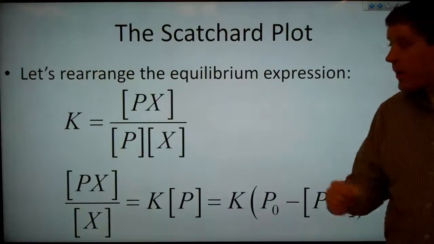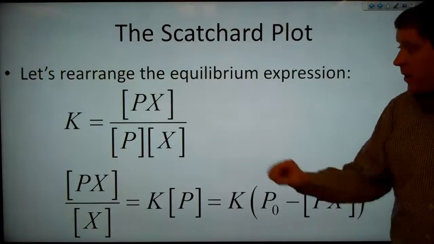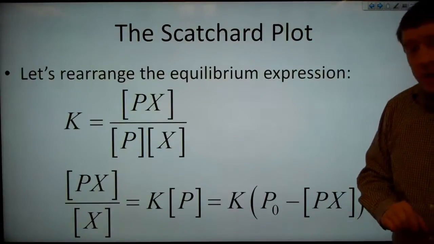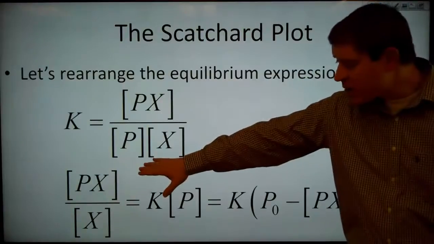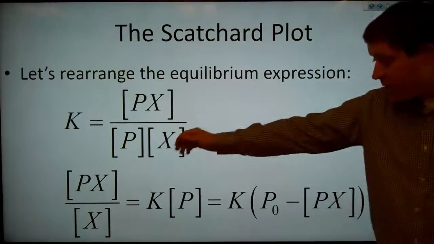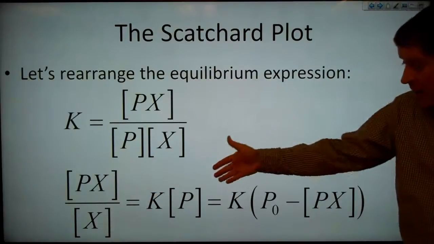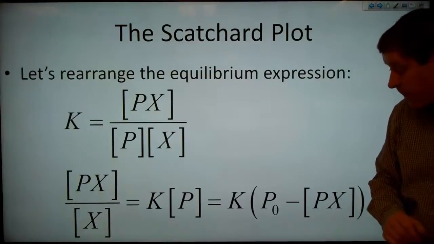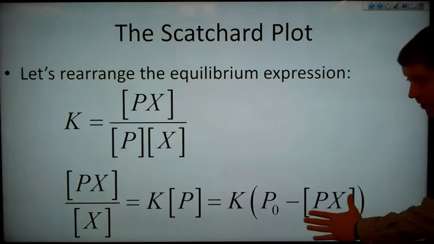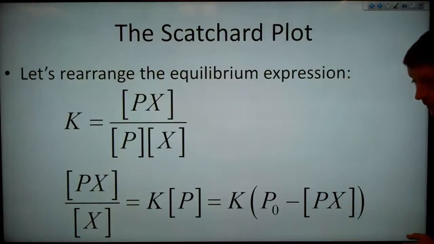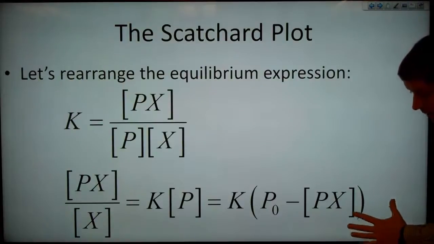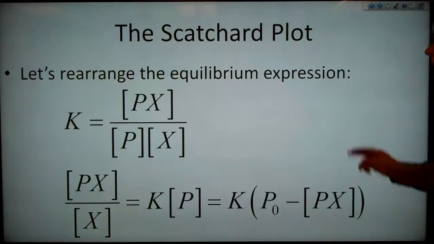So let's rearrange the equilibrium expression from K equals the concentration of PX over the concentration of P times the concentration of X to the concentration of PX over X is equal to our equilibrium constant K times the concentration of P. And now we can replace the concentration of P. So now we have our equilibrium constant K times the quantity P naught minus PX.